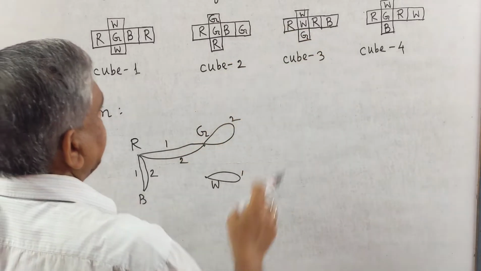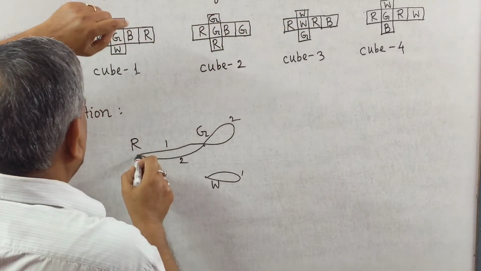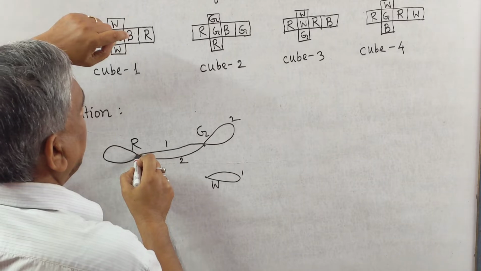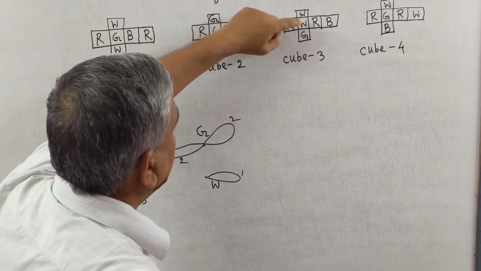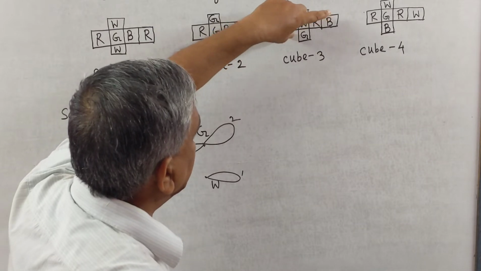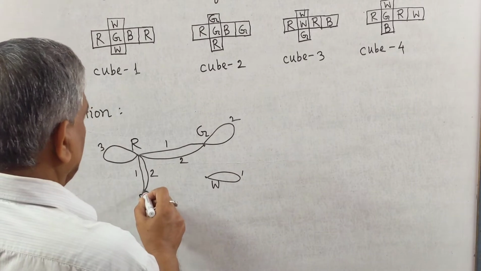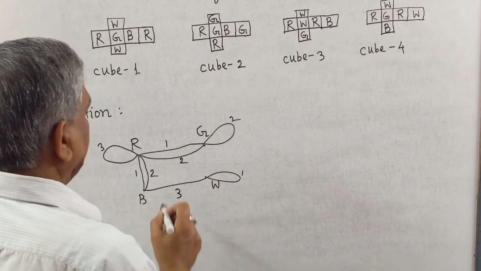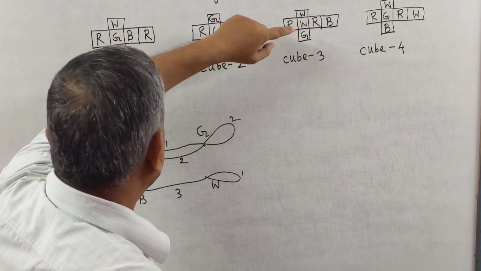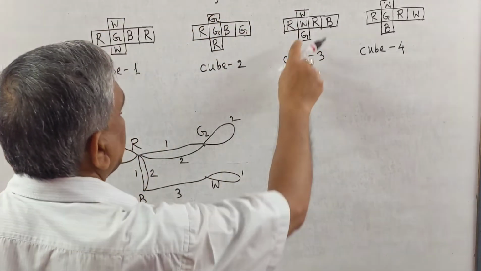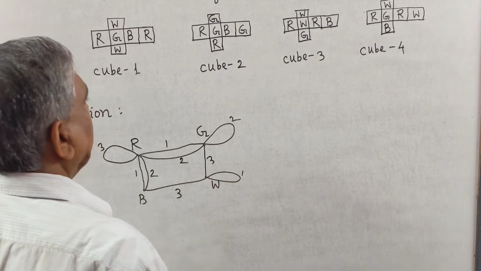Now for third cube, we join R and R. This is 3. Then W and B, front and back. This is for third. And W and G, here top and bottom. This is third.